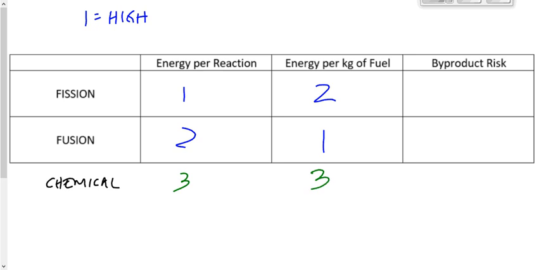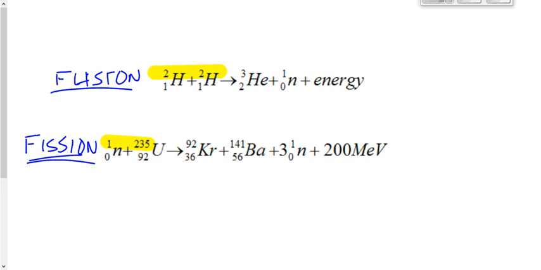So would fusion have more reactions per kilogram? Yes. If I understand your question correctly, the answer is yes. Absolutely. It would take way more hydrogen nuclei to get a kilogram of fuel than it would uranium-235 nuclei, right?